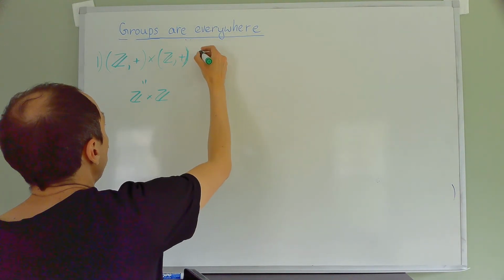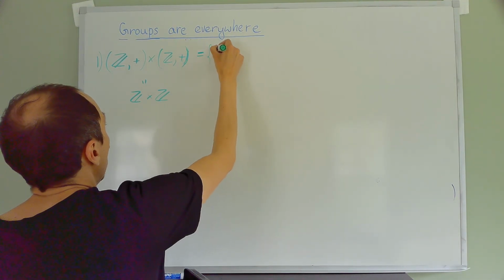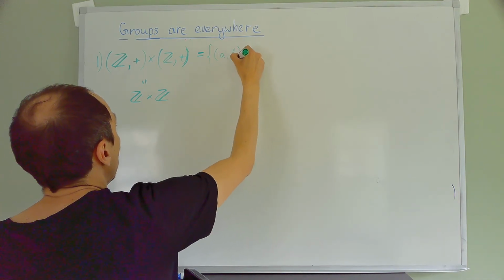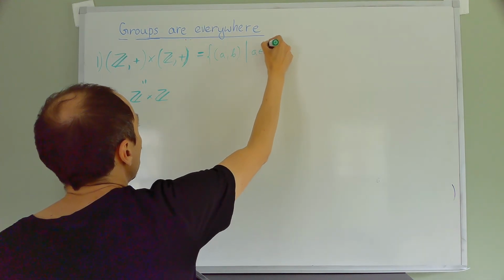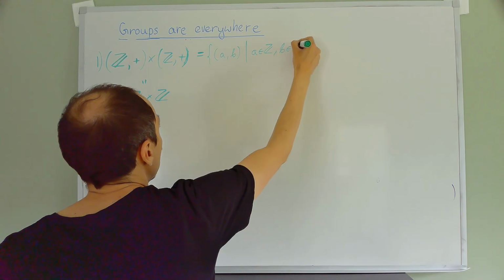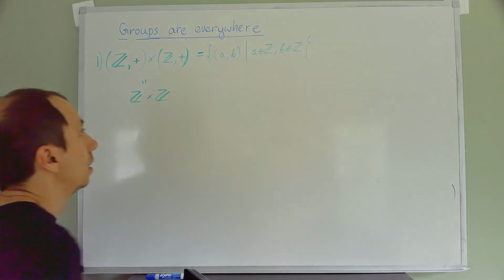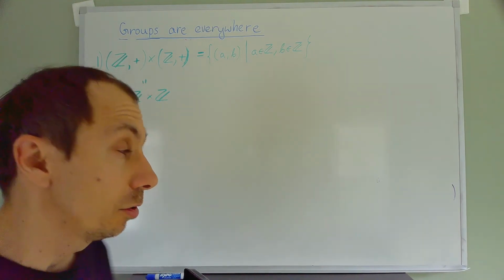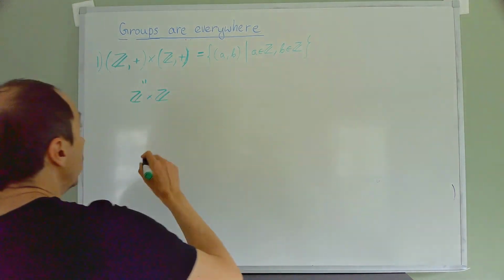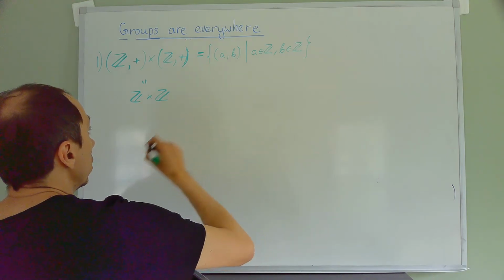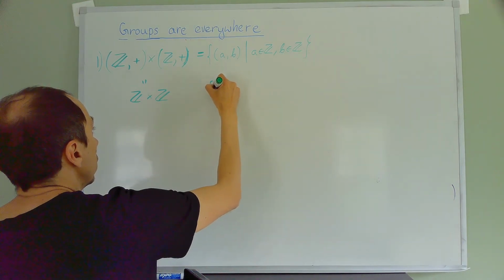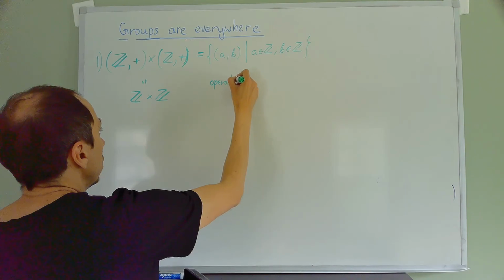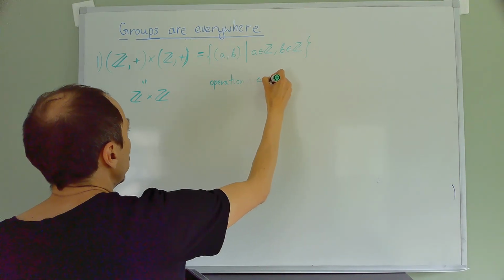So according to that definition, it's pairs now, (A, B), where A is in Z, and B is in Z. So all the possible pairs of integers. So what's the operation? The operation is coordinate-wise addition, as it is in the direct product.